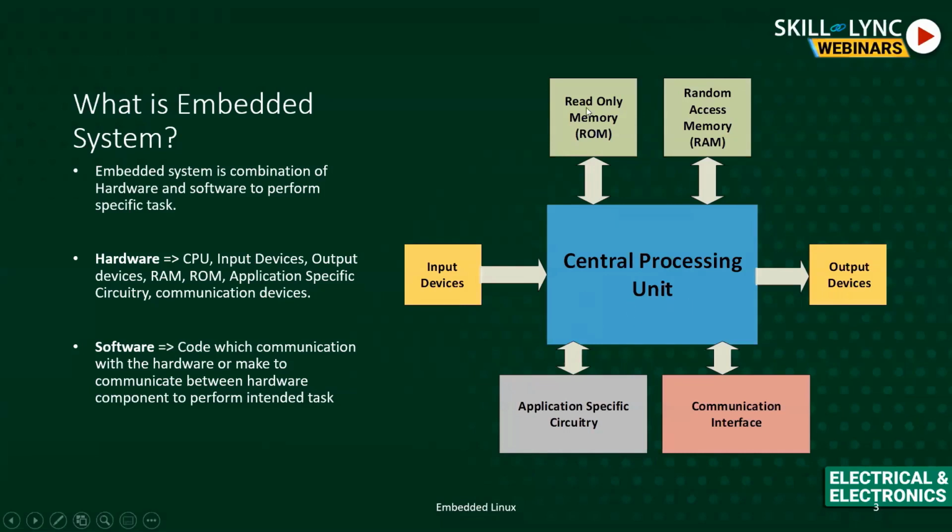We must also have a read-only memory, ROM, and random access memory, RAM. There could be some application-specific circuitry, and some kind of communication interface such as Wi-Fi, Bluetooth, BLE mesh or LoRaWAN. So in any embedded product, predominantly we will find these blocks.